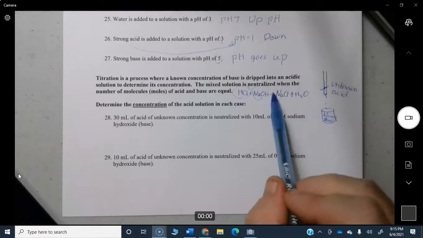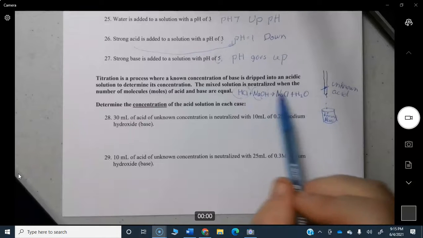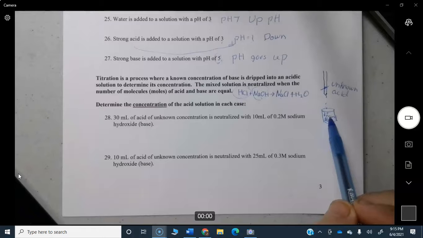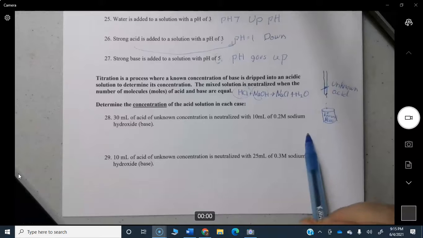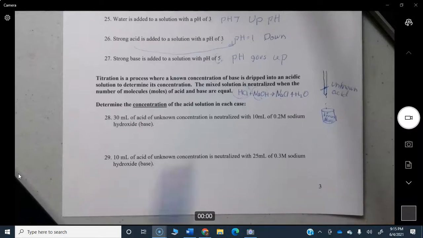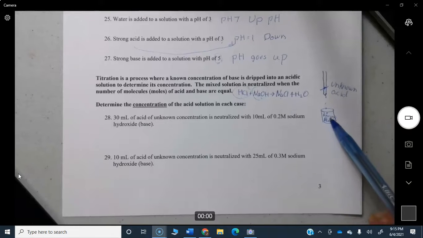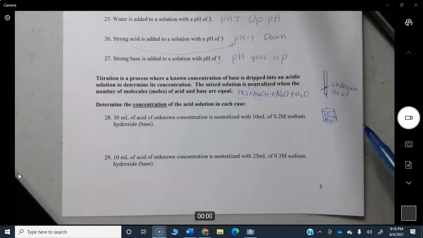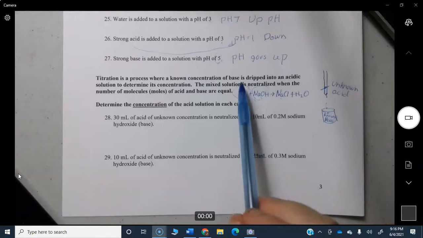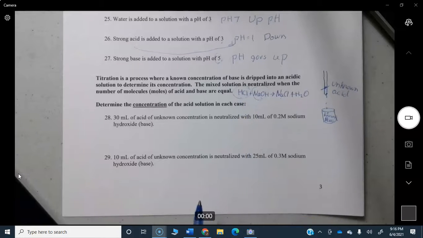But as soon as they neutralize, and how this works you don't have to worry about, as soon as the acid and the base neutralize, you've dripped in exactly as many acid molecules as there are base molecules already in that container, then that indicator turns bright pink. And there's other colors it can turn, but pink is one of the more famous ones. And it's really neat to see. You know, you got clear, clear, clear, you put 1 more drop in and bam, all of a sudden it's bright pink. That means you have exactly as many acid as base molecules. Okay? So that's what we're doing here.